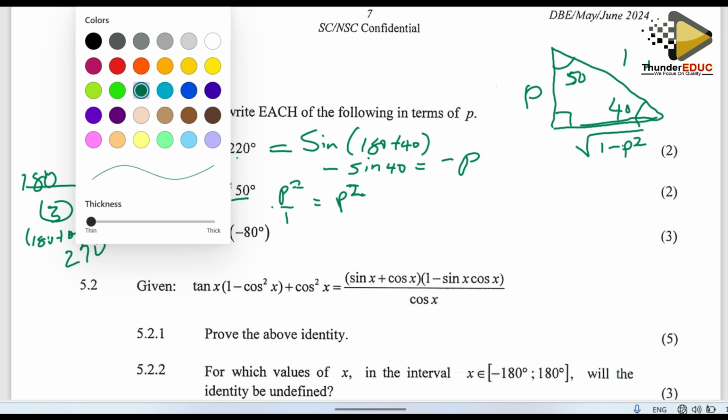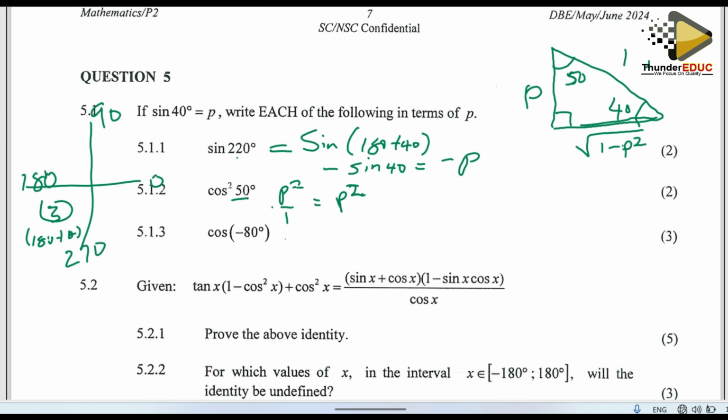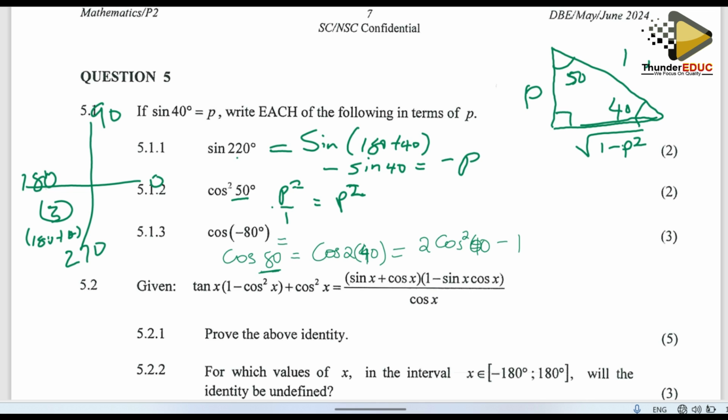Then the next part, they want us to get the cos of negative 80. We know that the cos of a negative angle is the same as the cos of a positive angle. Then 80 is twice 40, so that is 2 times 40. When I simplify this, for the double angle of cos, I can have 2cos² of 40 minus 1.